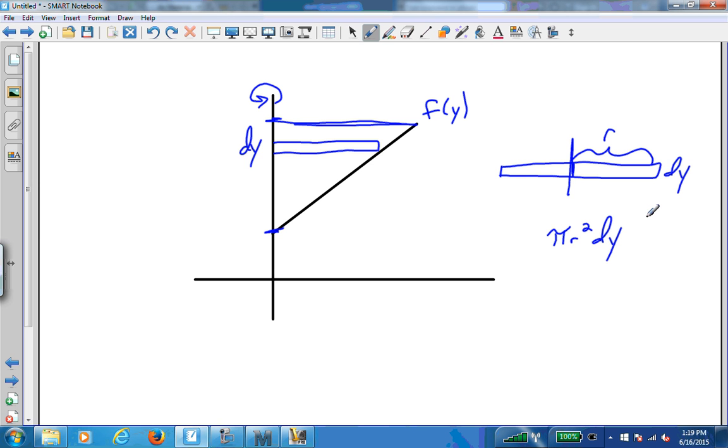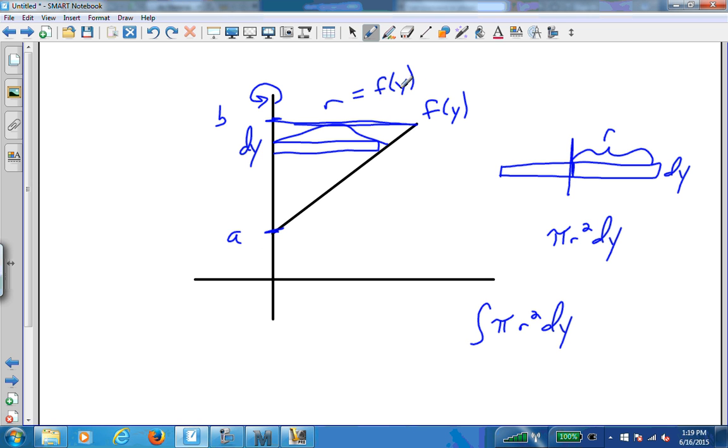So we're going to add all of those up from bottom to top. So integrate pi r squared dy. In this case, that distance will be r. So r will be given by whatever f of y is.